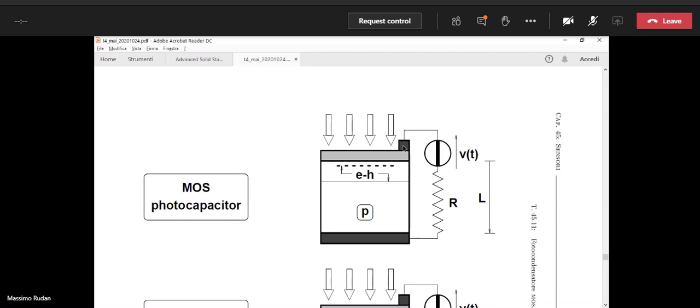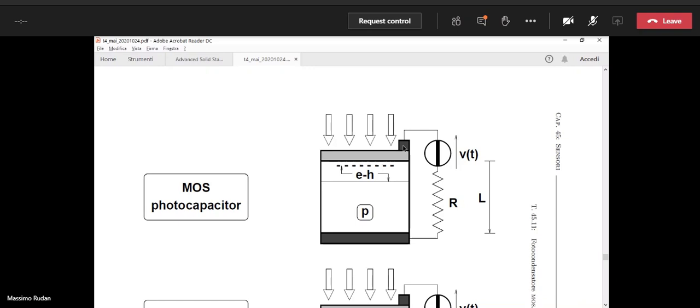And assume for an instant that there is no light, simply that you have a standard MOS capacitor in which initially the bias corresponds to the flat band condition.